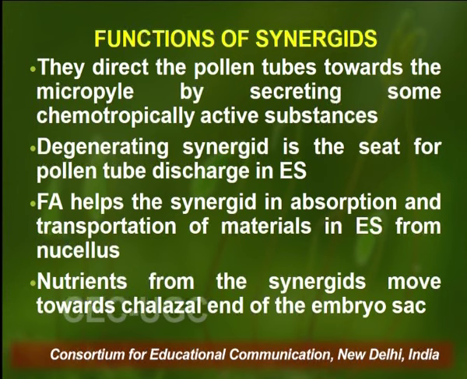The degenerating synergid, like I just mentioned, is the seat for pollen tube discharge. The filiform apparatus helps the synergid in absorption and transportation of materials in the embryo sac from the nucellus. That is why it is also called the transfer cell. Nutrients received in the synergids move from the synergid towards the callosal end of the embryo sac.